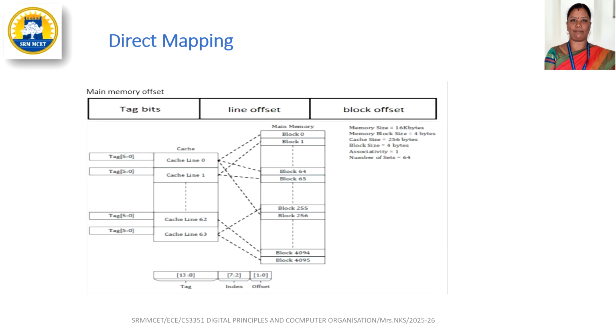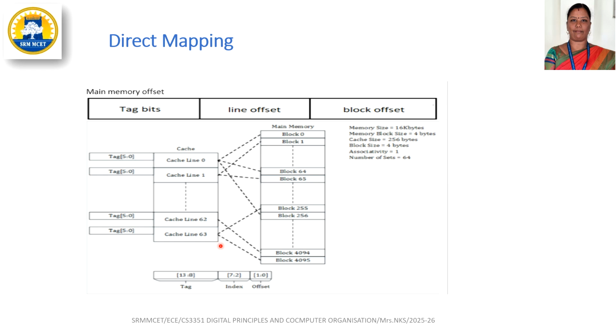The address is divided into three fields, which is shown in the figure. The lower 4 bits select one of the 16 words in the block. This field is known as the word field. The second field is known as the block field, which is used to distinguish a block from other blocks.